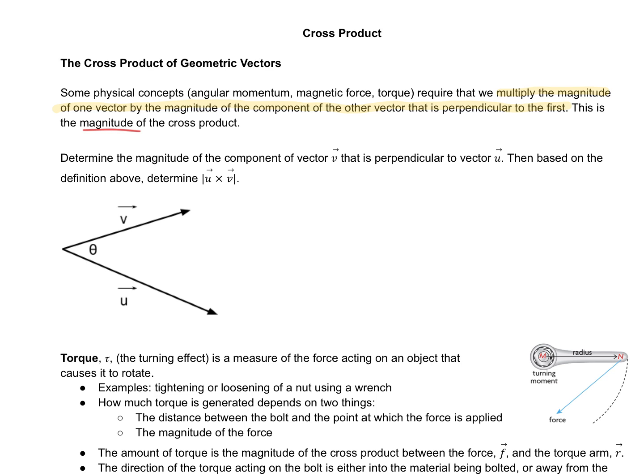We're told we need to multiply the magnitude of one vector, so I'm going to say the magnitude of vector u, by the magnitude of the component of the other vector that is perpendicular to the first. Okay, so I need a vector that is perpendicular to u, but is the component on the other one. So let me draw that in.